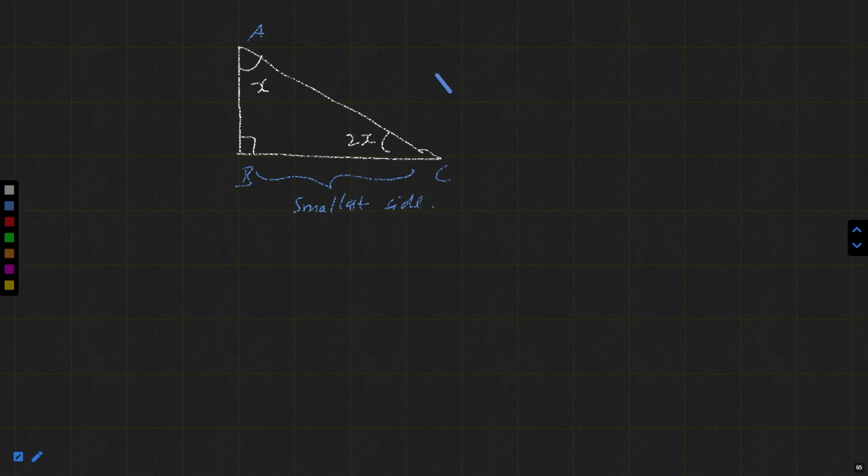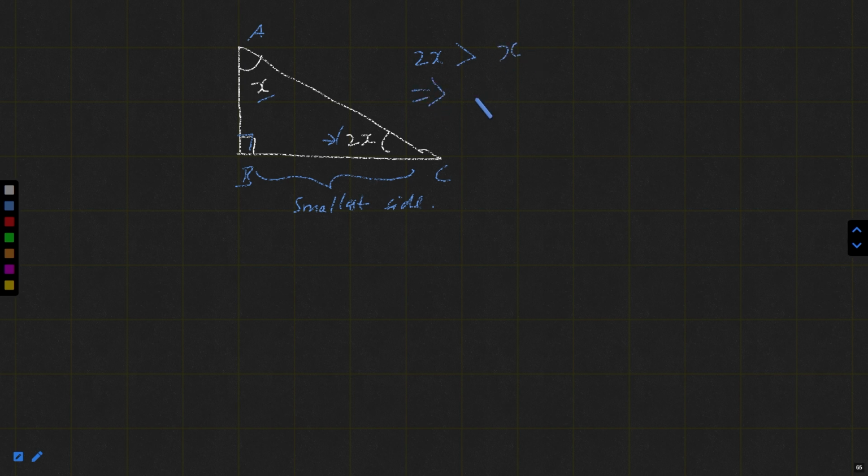If you recall, the side opposite to the larger angle is the longest. This is my 90 degree, so this is the longest side. If you compare this angle and this angle, you know that 2x is greater than x.